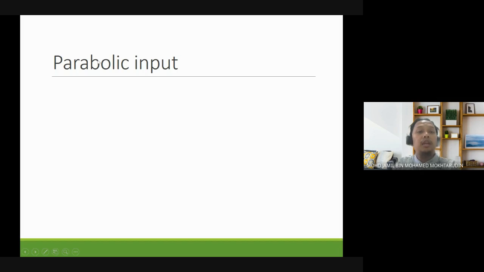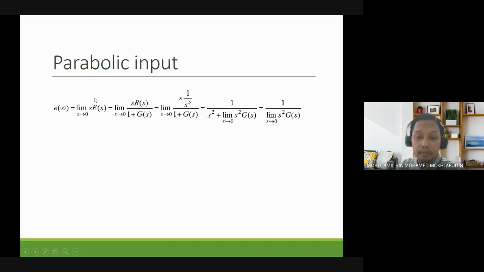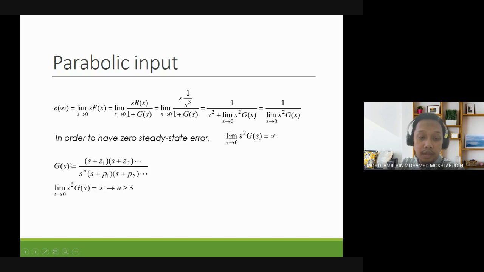Now let's look at when you have a parabolic input, or unit parabolic input. You substitute R(S) equals 1 over S cubed. In order to have zero steady state error, the limit here must become infinity.